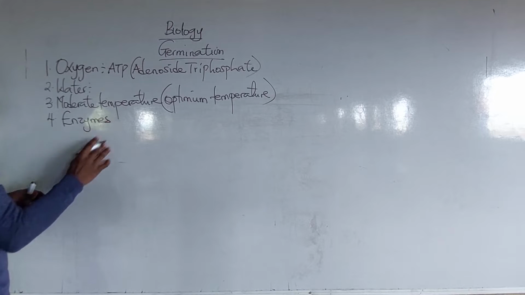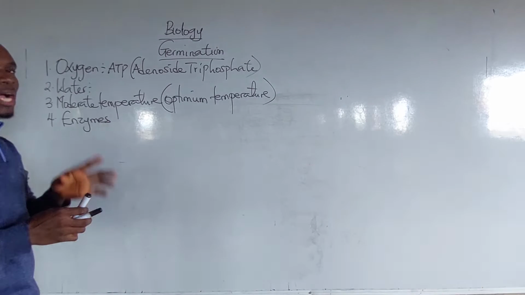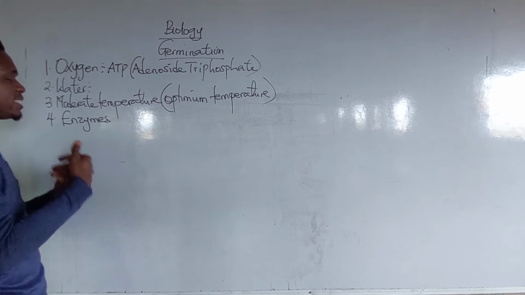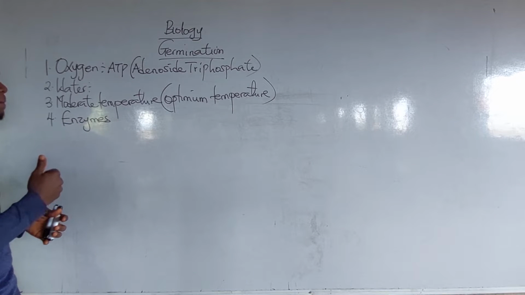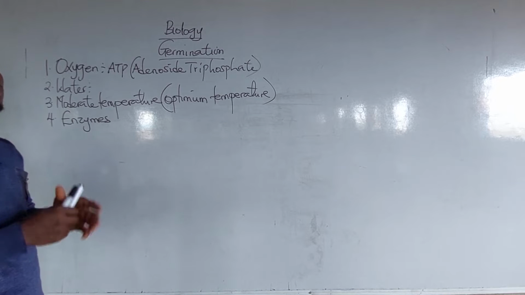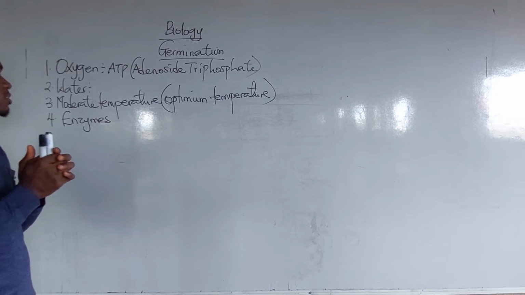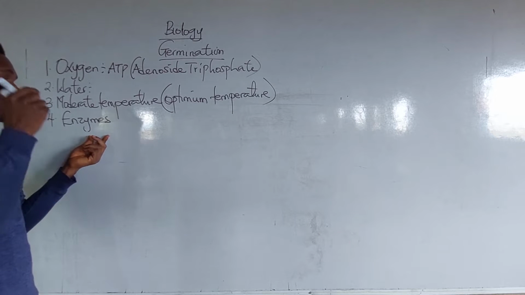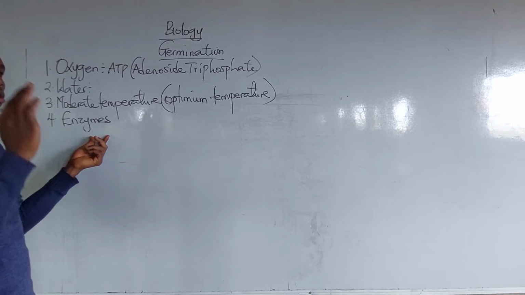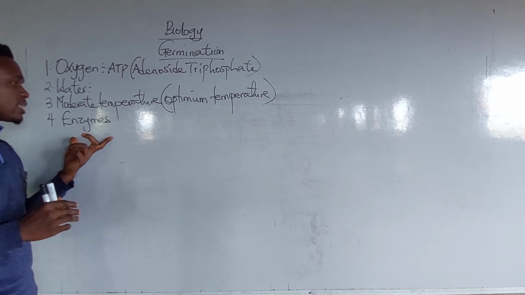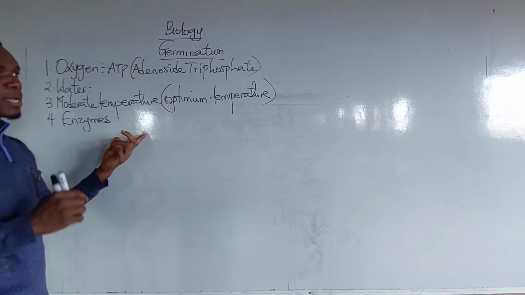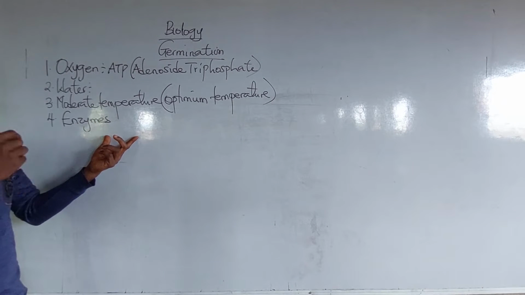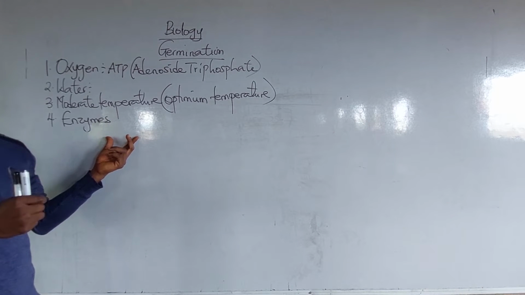Now number four, enzymes are needed. Enzymes are organic catalysts that are proteinous in nature, secreted by special groups of cells in both plants and animals, that alter the rate of chemical reaction.